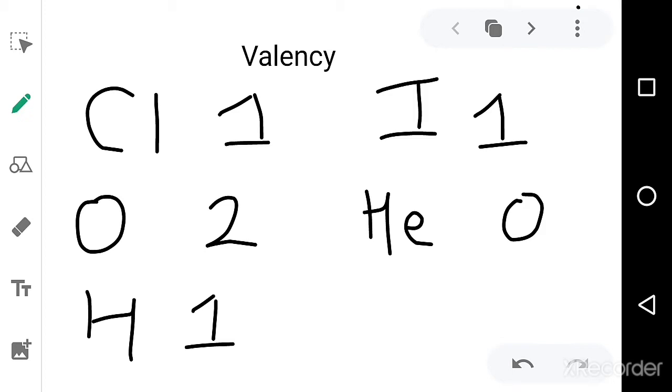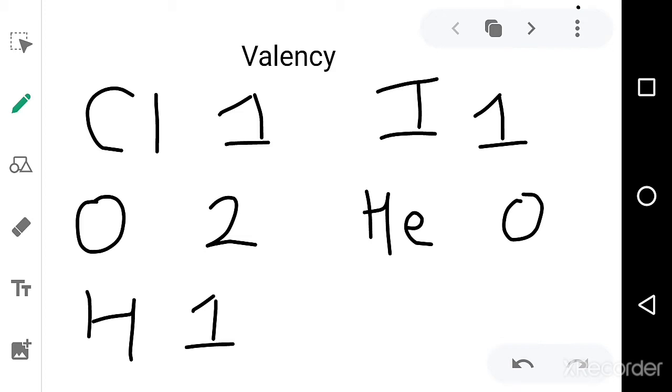When you come to school in a van, the capacity of the van is 8 students at a time. When you come to school in a bus, the capacity of the bus is 20 students at a time. So the carrying capacity of both these vehicles is different.